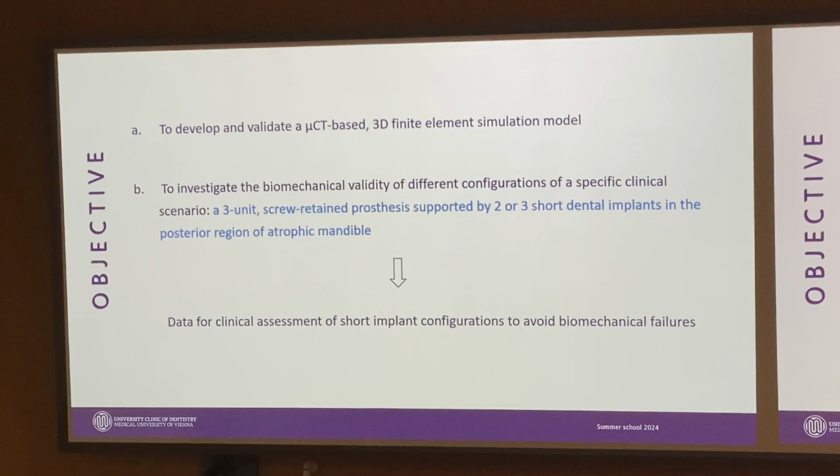In our research, we focused on the biomechanical aspects of short implants for restoring the posterior segments of the atrophic mandible. The goal was to create and validate 3D finite element simulation models based on micro-CT tomography, and to investigate the biomechanical validity of different configurations of a specific clinical scenario, which was the 3-unit screw-retained prosthesis supported by 2 or 3 short dental implants in the posterior region of the mandible.